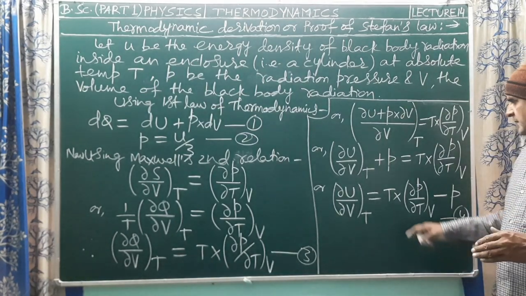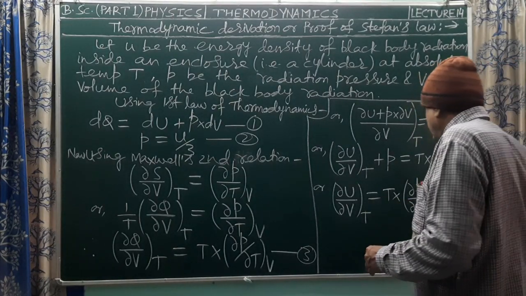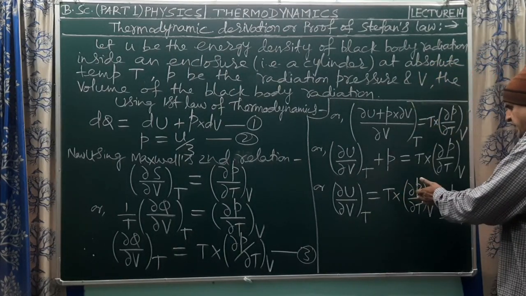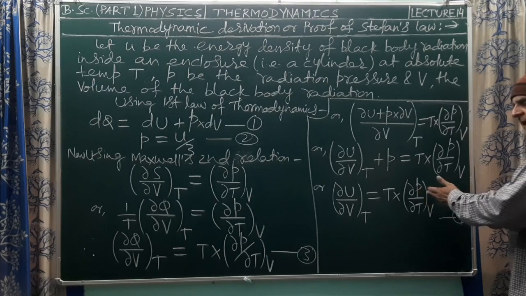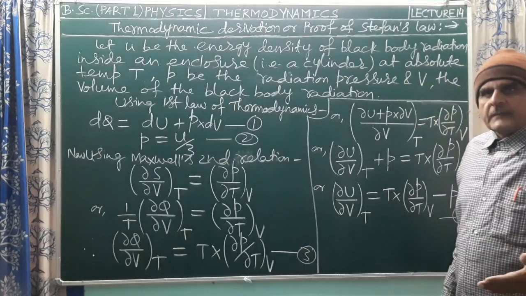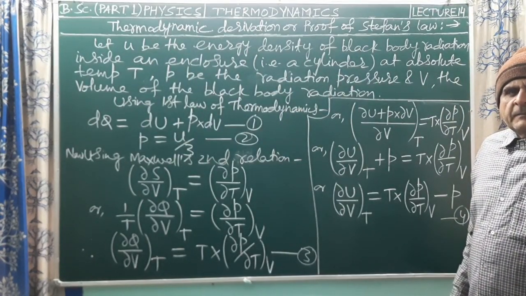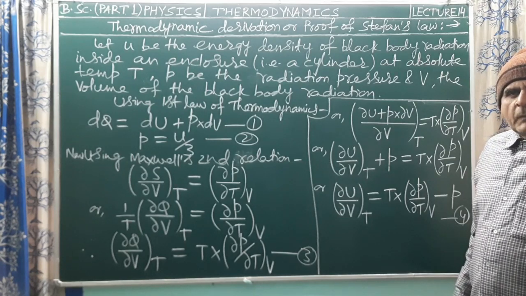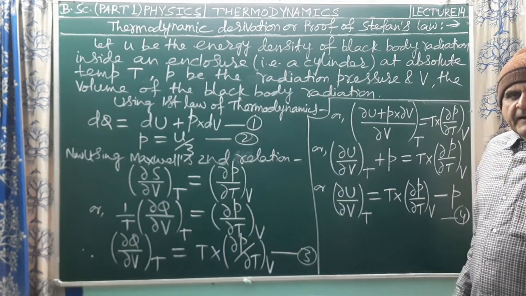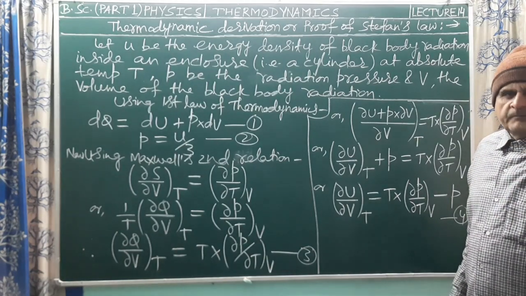That is small p is equal to U by 3. So in RHS we can write in place of small p in both terms as U by 3. So we have now, and internal energy of the system, capital U, is also equal to small u multiplied by capital V. That is energy density, that is energy per unit volume, multiplied by volume.